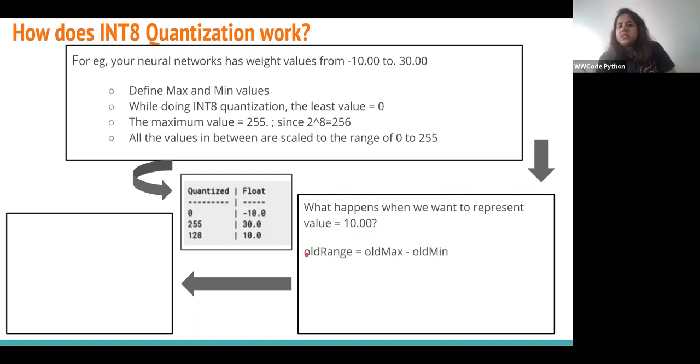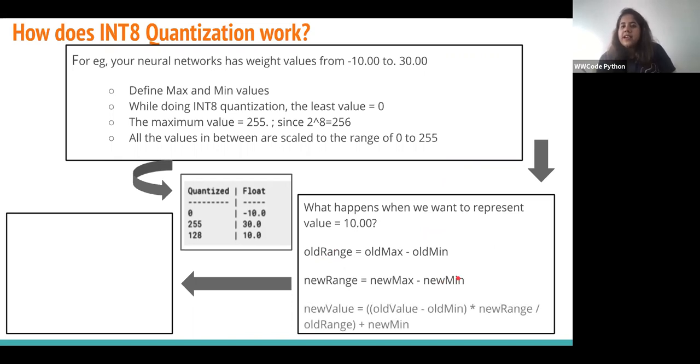So let us consider this is a formula. You don't have to remember it. It's just something out there that I wanted to bring across. So let us say that the old range is equal to the old max minus old min, and the new range is equal to the new max minus new min. Very simple, very straightforward. And then we have the new value. It gets a little tricky here, but you really don't have to remember this formula.